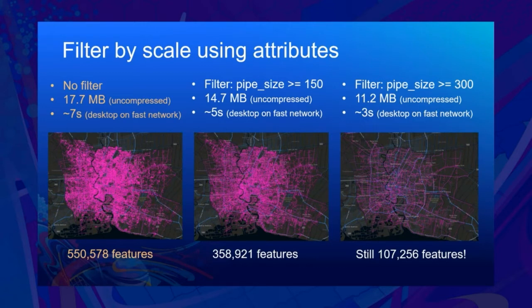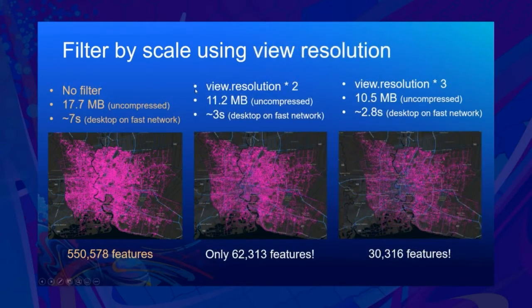Now let's take a look at some examples here. Before we look at the examples, you can get even more aggressive with this data set. For instance, with view resolution times 2, setting that pipe filter to be even higher, you're going to get even fewer features downloaded.